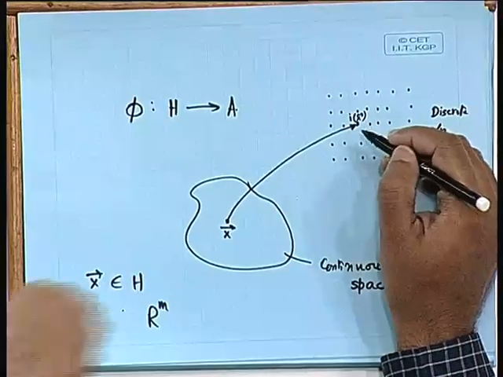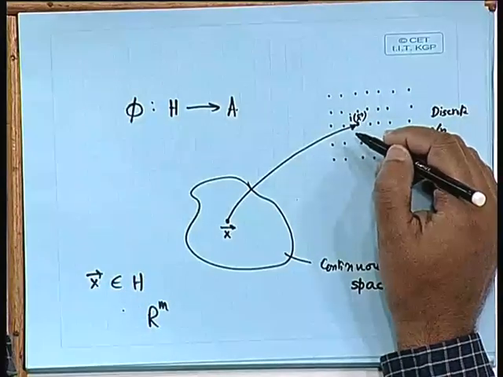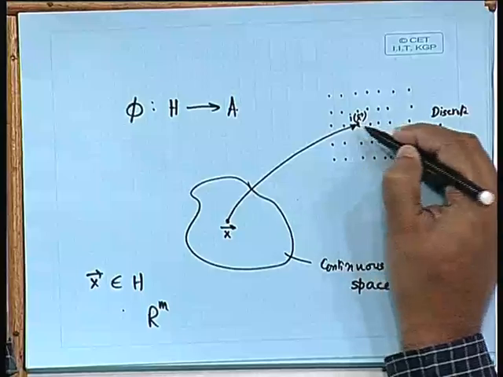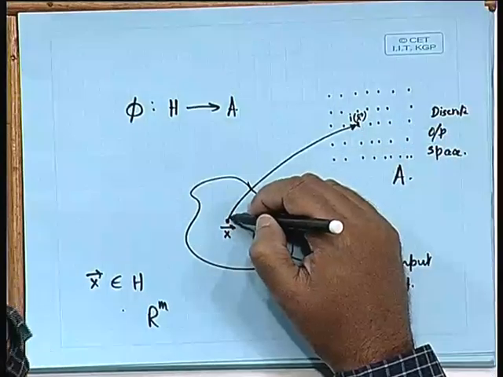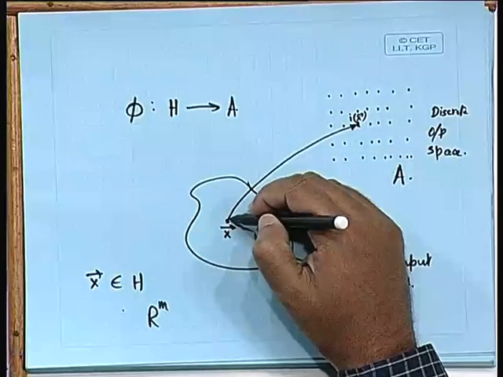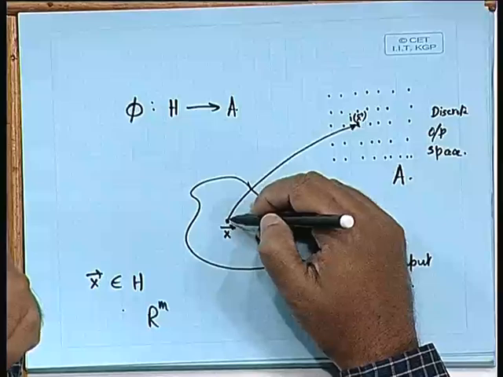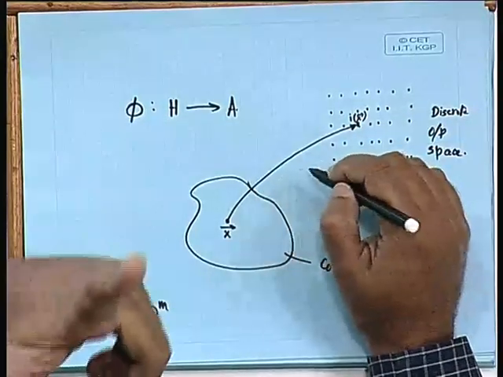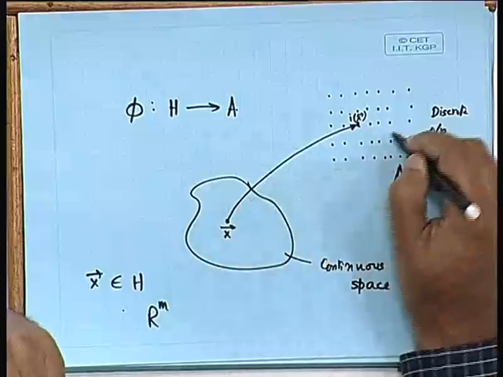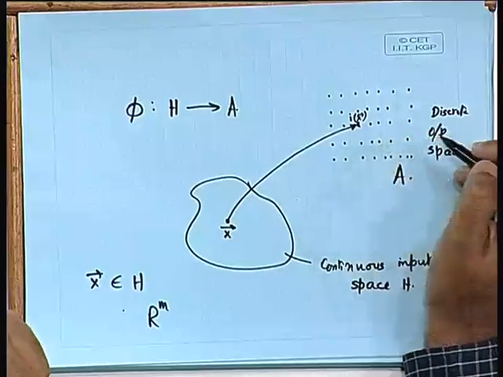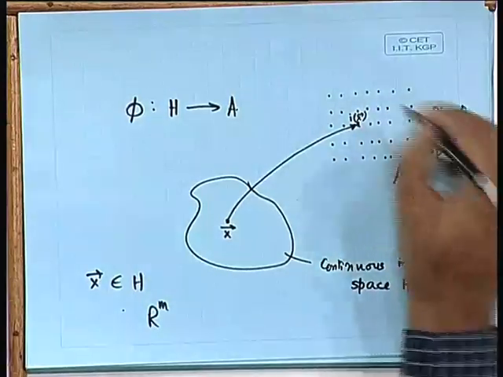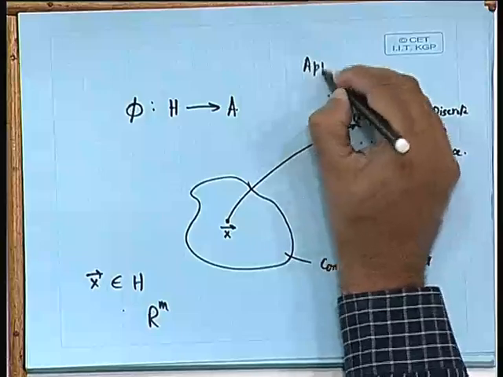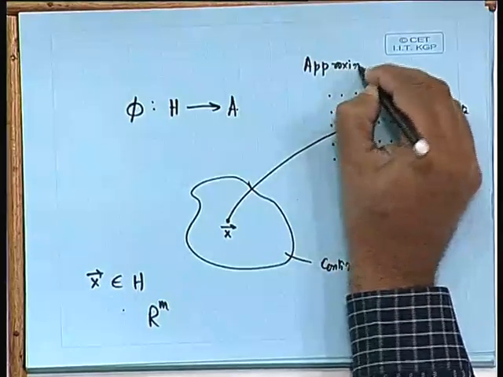This winner position will be very close to the x vector's position, but mind you, it is an approximation, because this is in the discrete space. That is why it is an approximation of the continuous space. So, what the discrete output space is doing is an approximation.